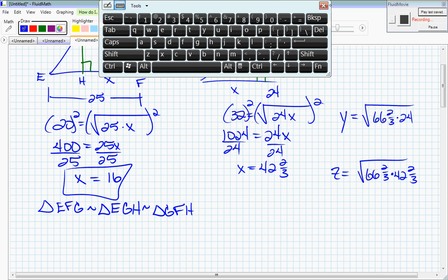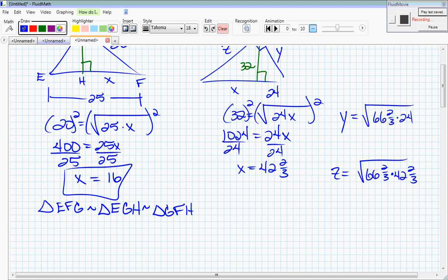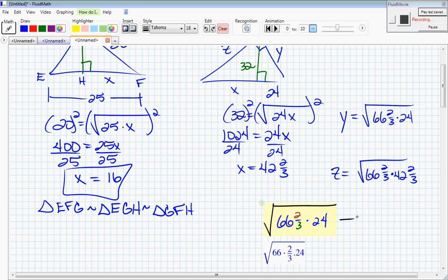So let's switch this over to our math setting. Let's see if we can solve this very quickly. Square root of 66 2/3 times 24. Let's not get in that far.